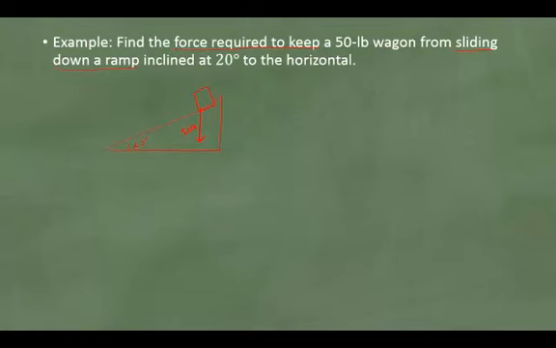In other words, here we have another force, and this is from physics, but I'm telling you this now. You'll have to use this on your homework. We have another force, which is the force of the wagon itself pushing down on the ramp. So completely perpendicular to it. Pushing down.